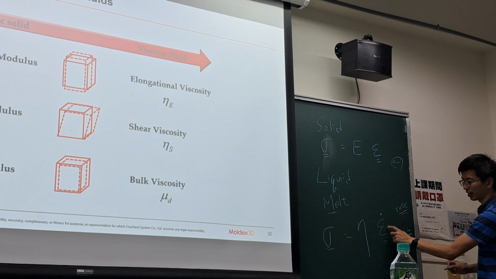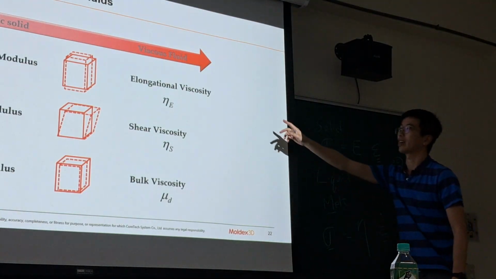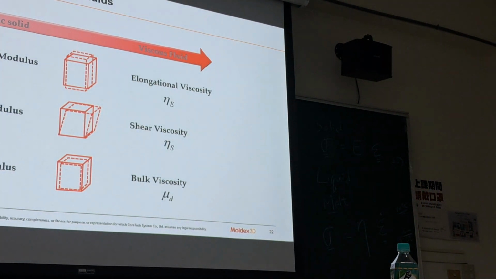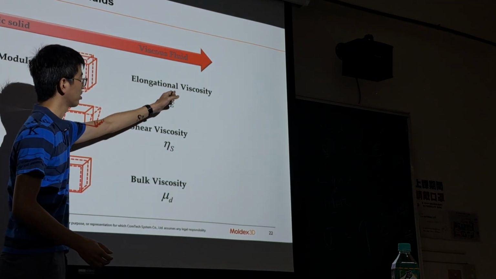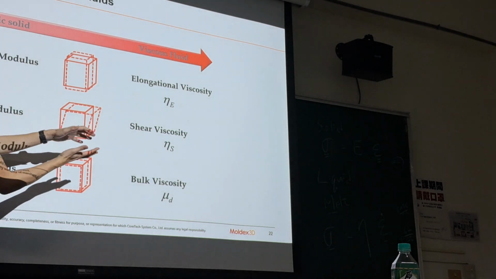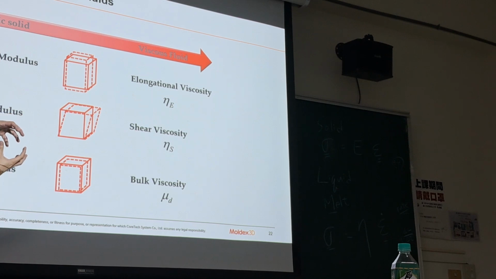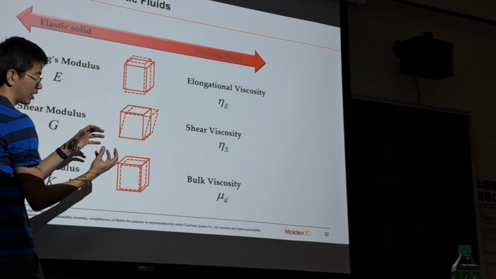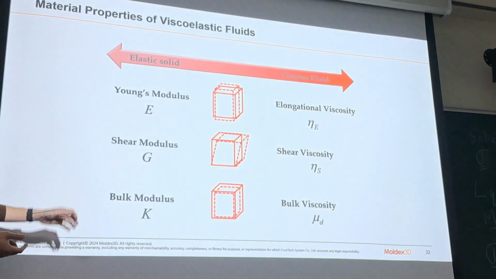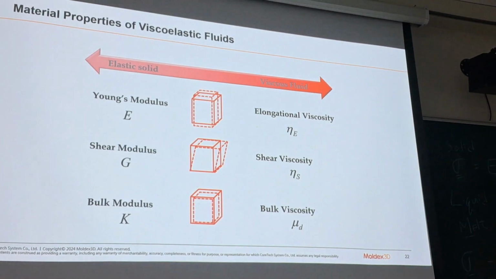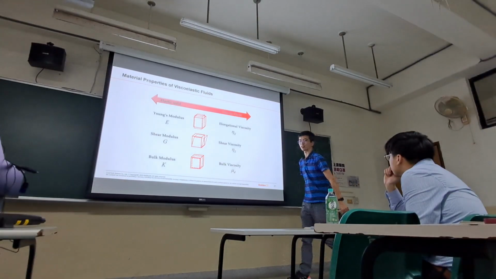So we call this rate. If you are going to treat this as a liquid, for the elongation stress, we can measure the elongational viscosity. And for the shear stress, you can measure the shear viscosity. And for the volume change, sometimes you have a resistance, we call this bulk viscosity. And this is viscosity times strain rate. Some model.